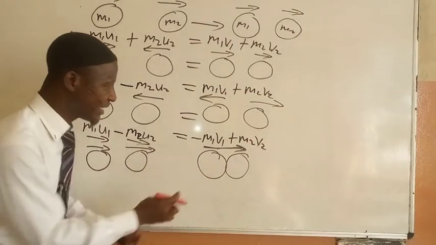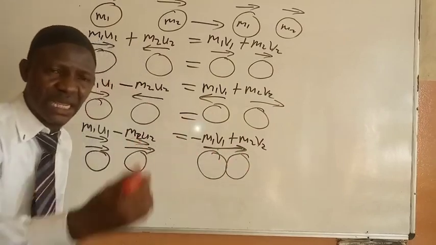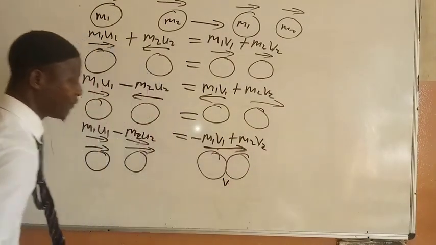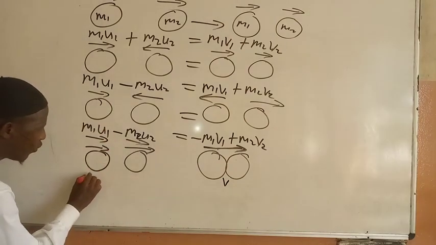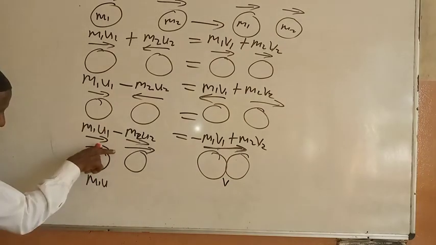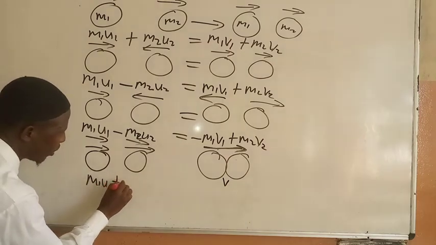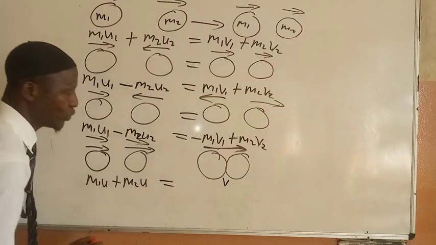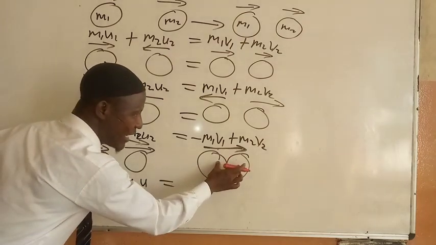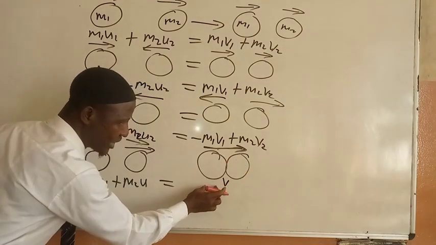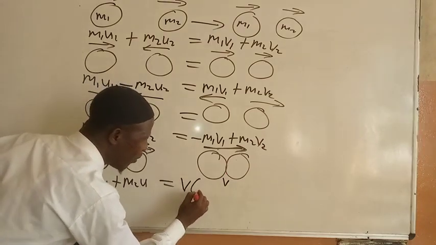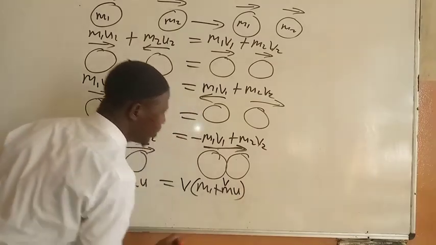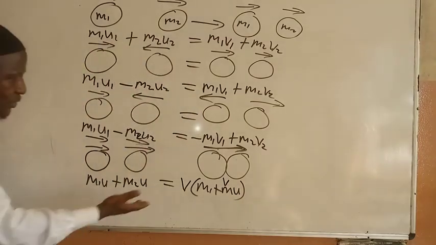This tells us that they are moving with the same velocity, so let's represent their velocity with V. You are going to have M1U1 plus M2U2, see the direction, is equal to, since they move with the same velocity, you factor the velocity out: V open bracket M1 plus M2 close bracket. So this is what will be the result.